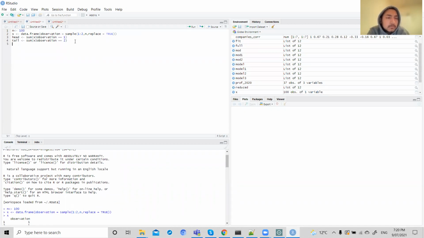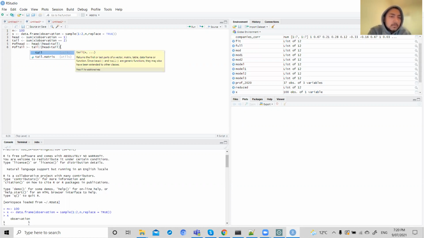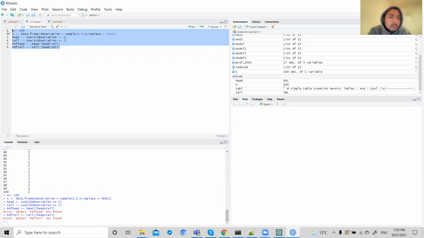And your total probability: the probability of head will be head divided by head plus tail, and the probability of tail will be tail divided by head plus tail.